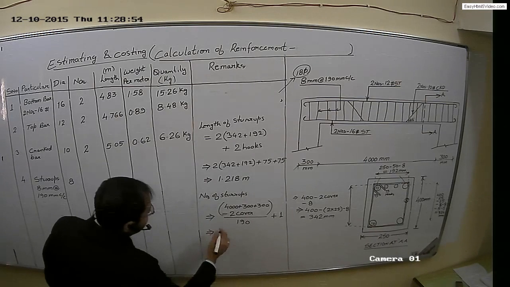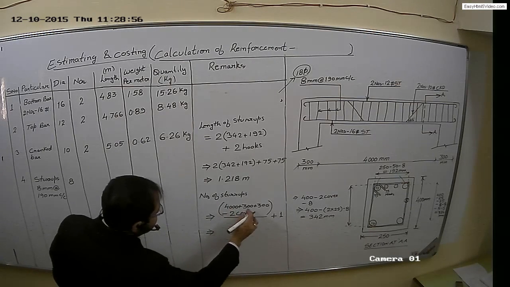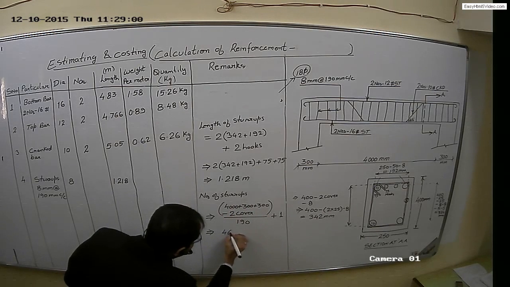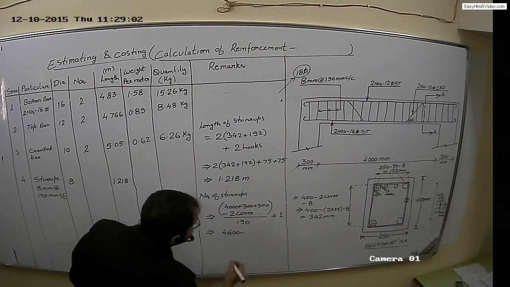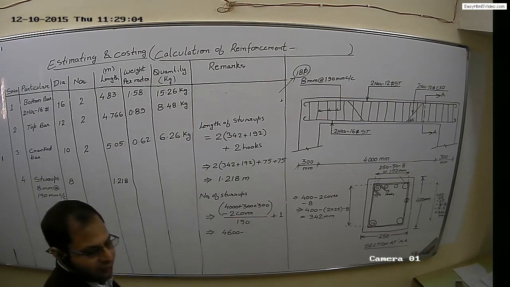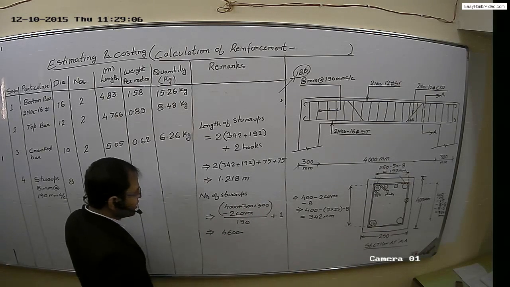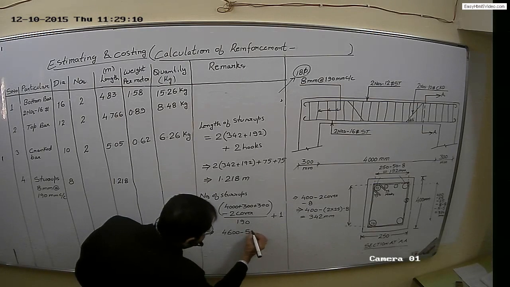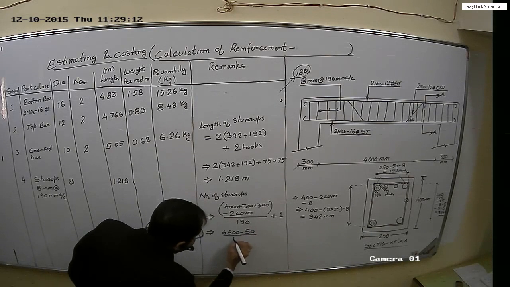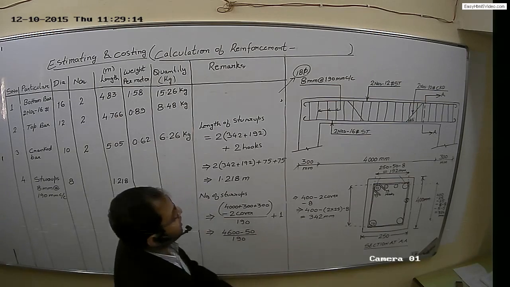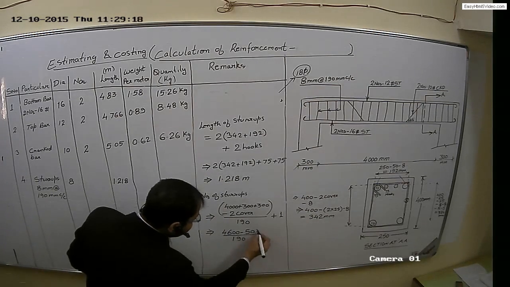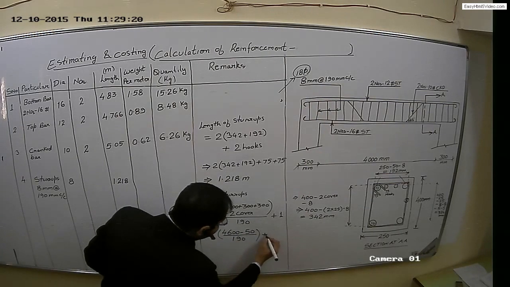So 4000 plus 300 plus 300, it is 4600, minus 2 covers; the covers of the beam are 25 mm each, so 25 into 2 is 50. This quantity is to be divided by spacing, which in our case is 190 mm center to center, and the total quantity is increased by 1.